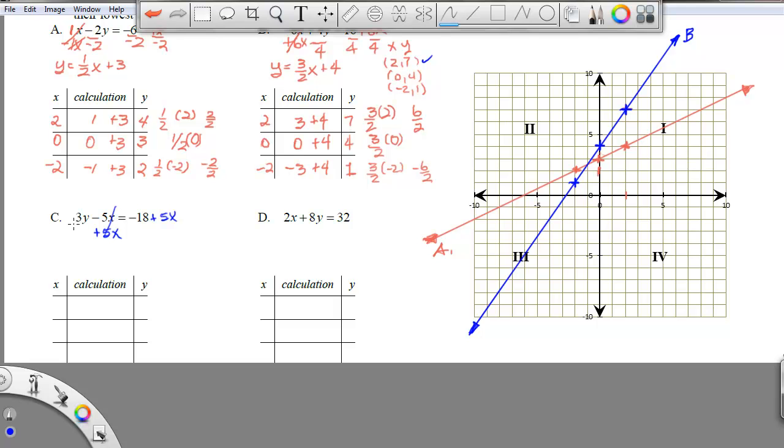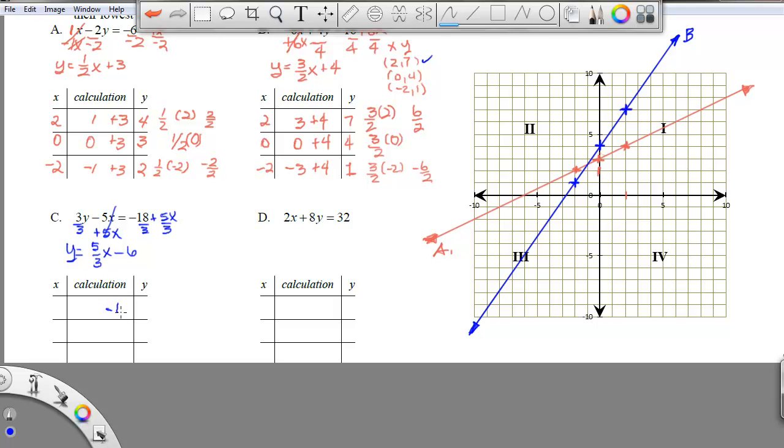Let's divide by 3. So that will give me y equals 5/3 x, the 5/3 just stays there. And then negative 18 divided by 3 gives me the negative 6.